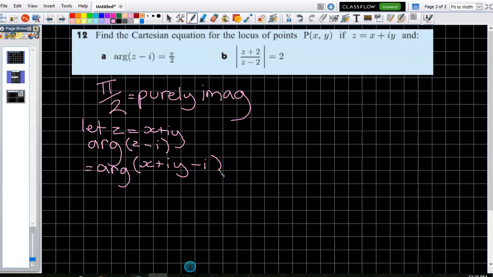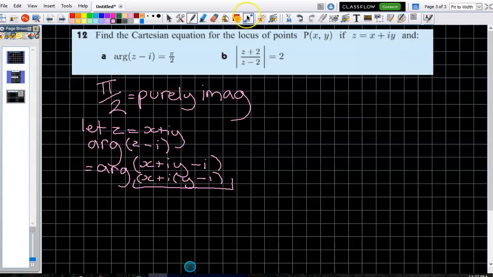Then we take out i as a common factor, and we go y subtract 1. Therefore, we need this whole thing to be imaginary.